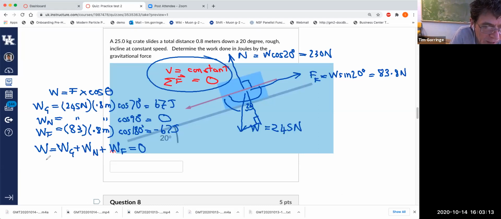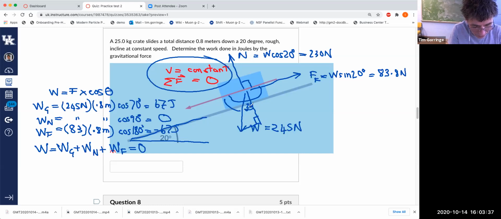In chat: can you go over how you got the values of the angles for each calculation? Yeah, I can do that. First of all, here's the 20 degrees. Let's make sure we're all in agreement that this angle in this triangle is also 20 degrees.